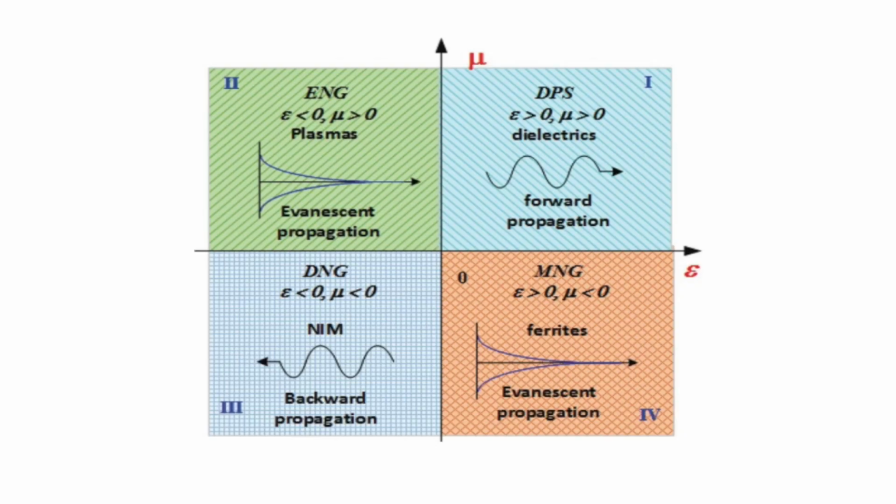Fourth quadrant is showing the MNG material, where permittivity is positive, but permeability is negative. This type of material also shows the evanescent type of propagation, which means that it is not allowing the propagation in that particular material.